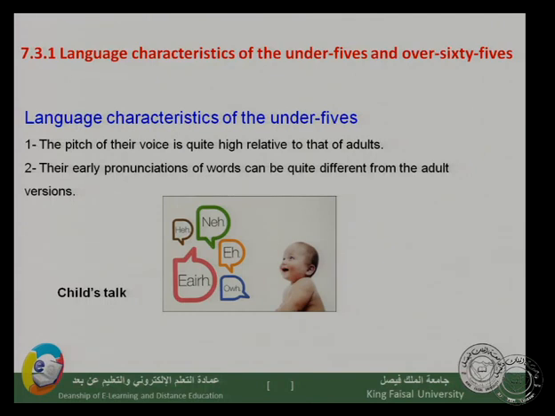The difference can be in the strength of the pitch and in the quality of the sound and the intensity of the sound that a child usually produces. In general, their early pronunciation of words is very much different from the pronunciation of an adult.